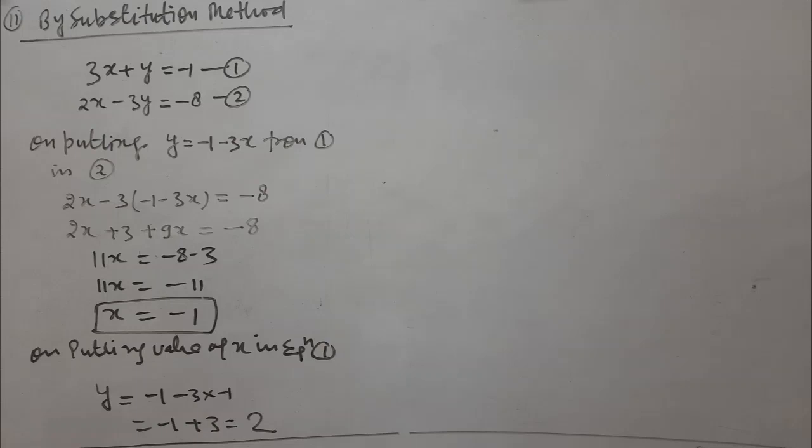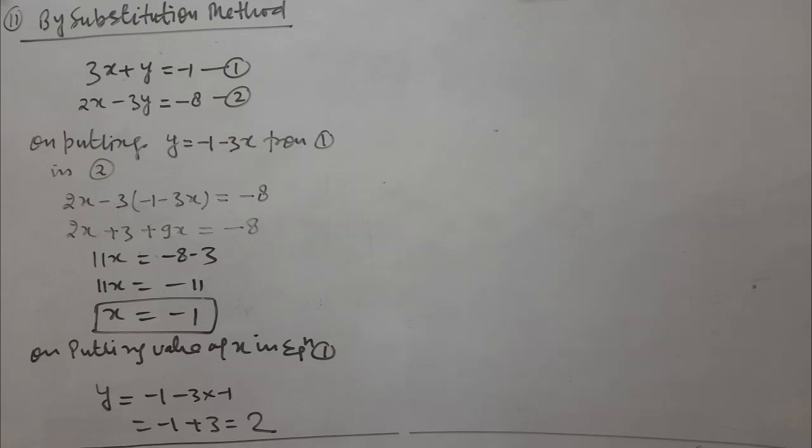After solving this equation, we will find the value of x is equal to minus 1. On putting the value of x in the first equation, y is equal to minus 1 plus 3, which is equal to 2. You will find the same solution if you solve the question by any method.